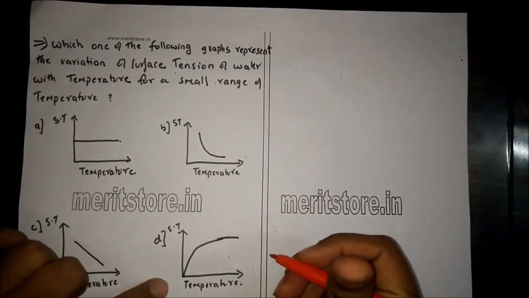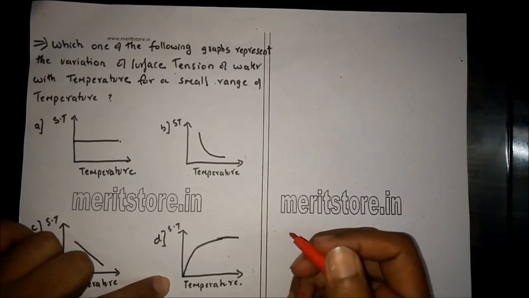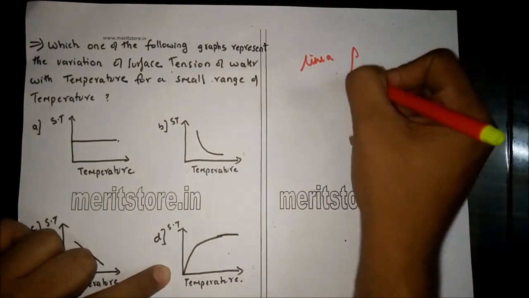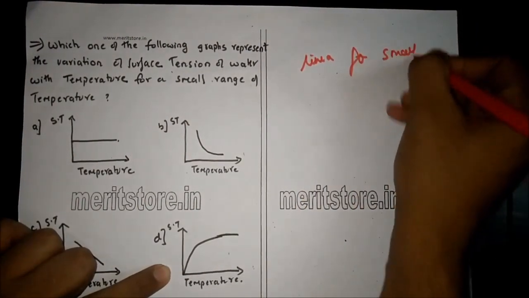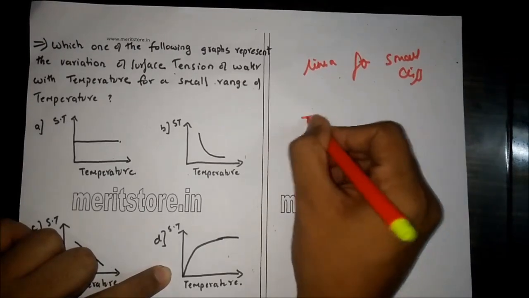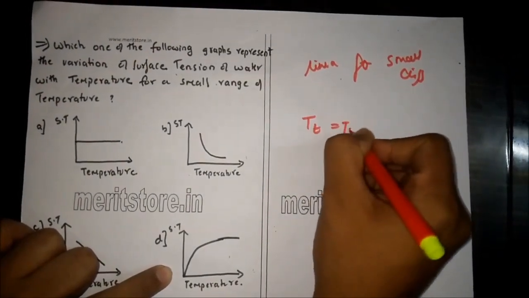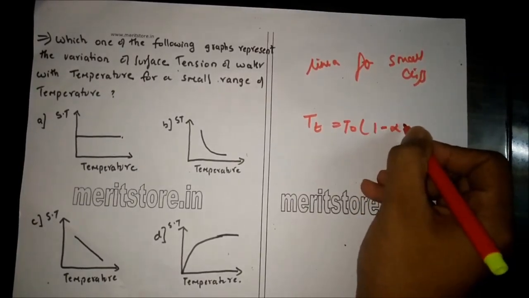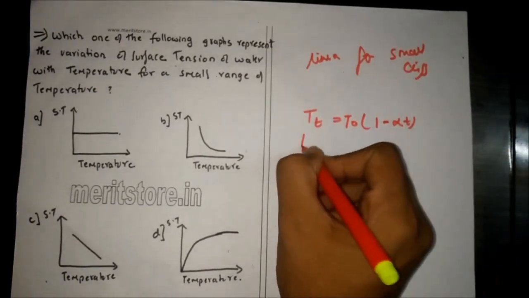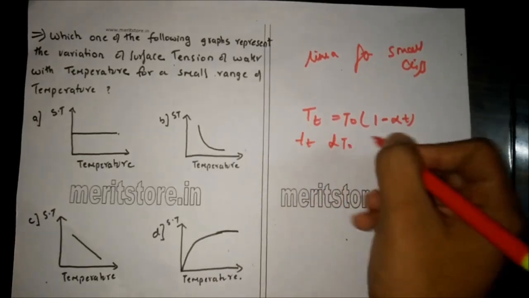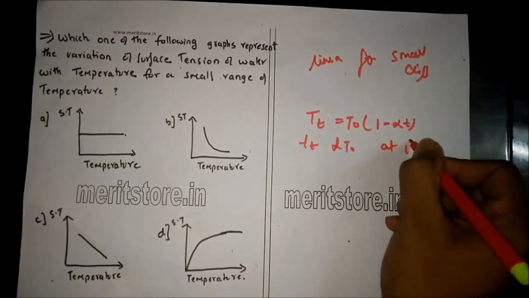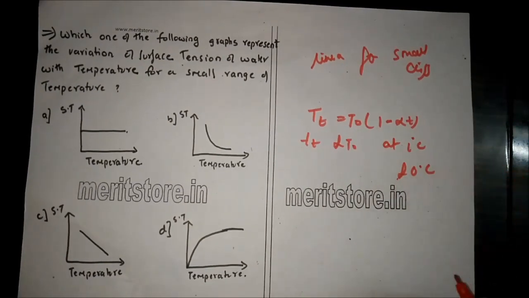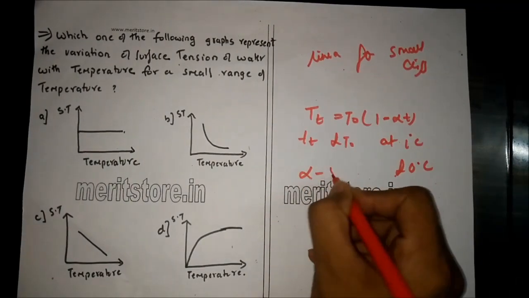Now, for small temperature differences, the variation in the surface tension with temperature is linear, and is given by the formula Tt is equal to T0 into 1 minus alpha T, where Tt and T0 are the surface tension at T degrees Celsius and 0 degrees Celsius respectively, and alpha is the temperature coefficient of surface tension.